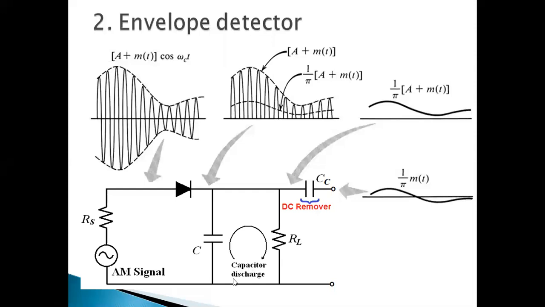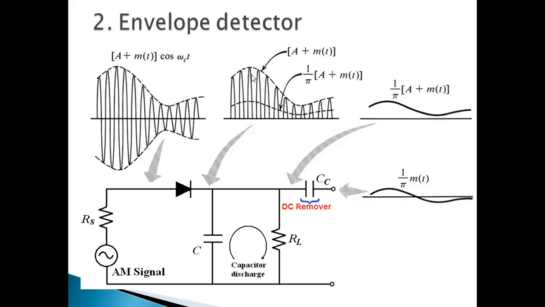This is the capacitor charging and discharging. Whenever the input is positive, the diode is forward bias and the capacitor C charges rapidly to the peak value of the input signal, up to this peak value.